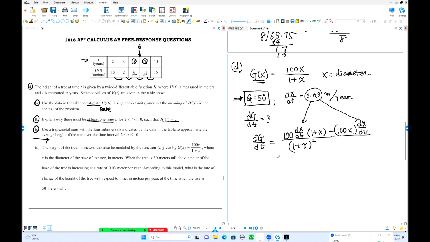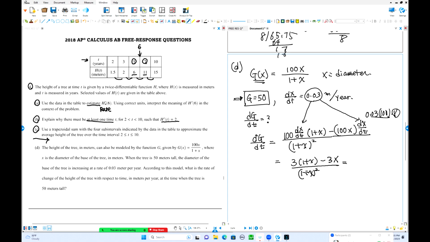So 100 times 0.03 is 3. So we have 3 times 1 plus x, minus 0.03 times 100 times x, which is 3x, over 1 plus x squared.